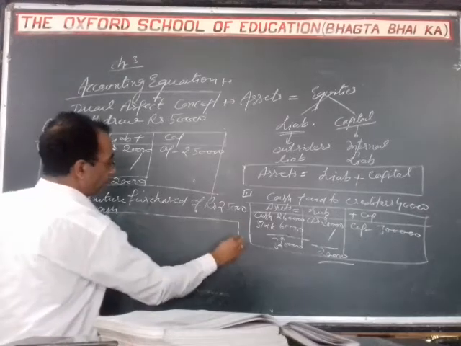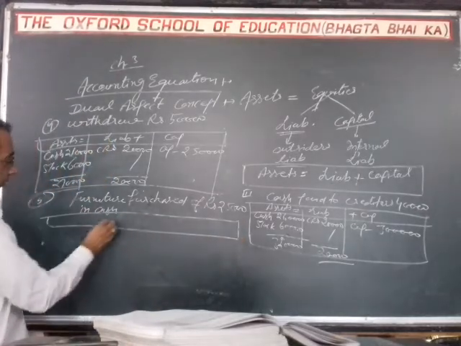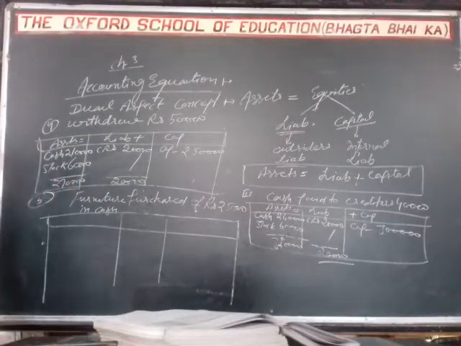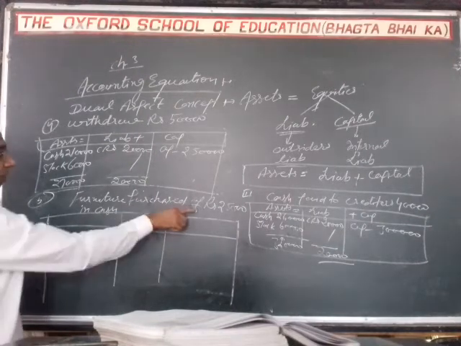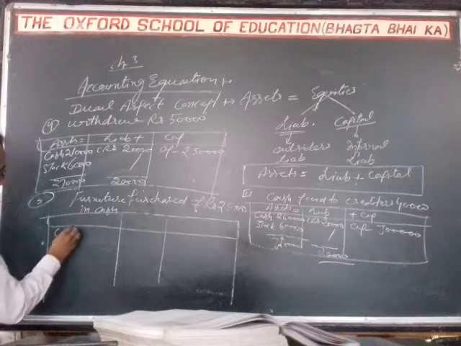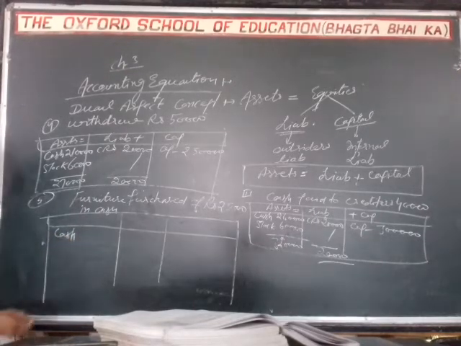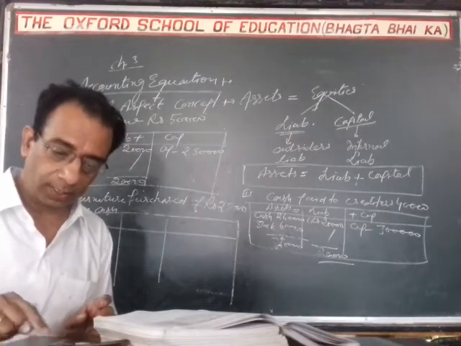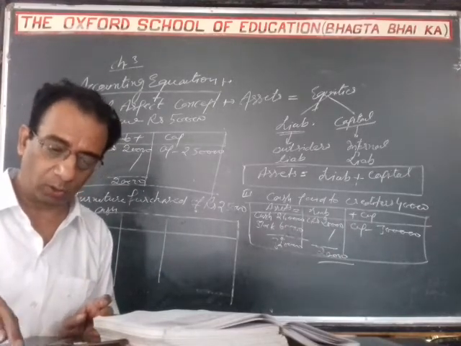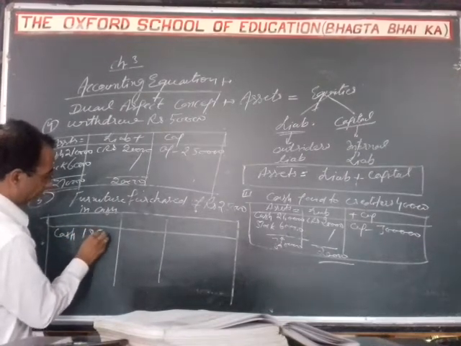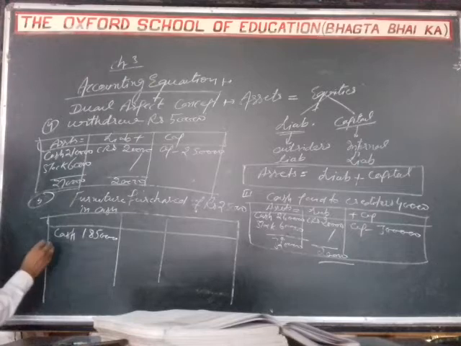So table 5 is prepared, and this table is also on the basis of table number 4. We have cash 2,10,000. What do we purchase? Furniture 25,000 in cash. So cash will reduce. 2,10,000 minus 25,000, and we have 1,85,000 cash. Right?